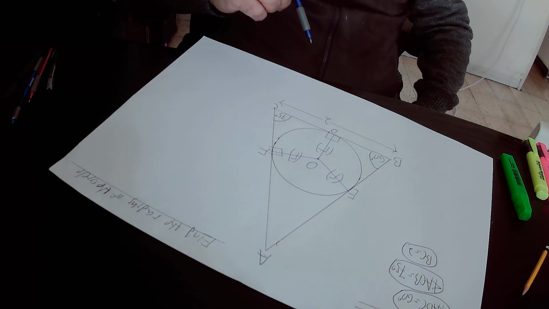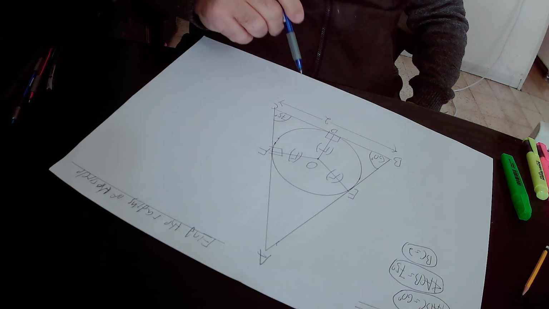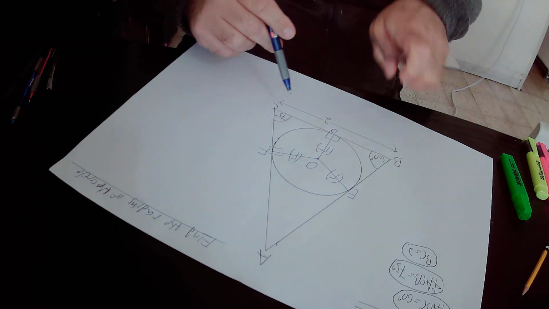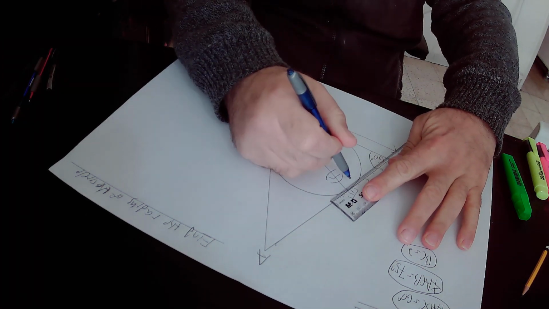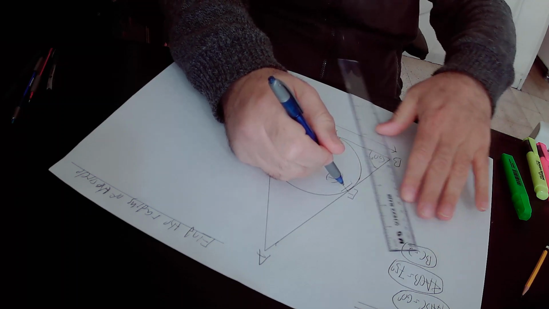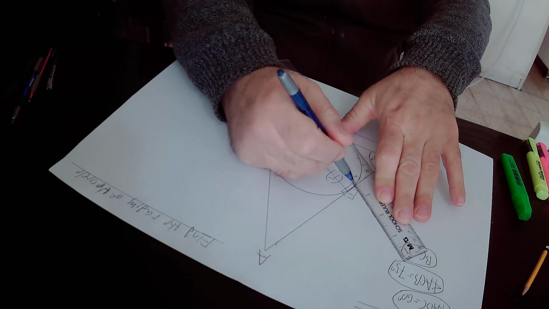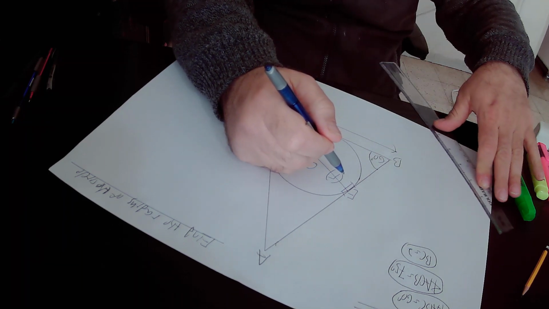And whenever we have a radius that is drawn to the point of tangency, then tangent AB will be perpendicular to the radius EO. That is to say, this angle will be equal to 90 degrees, and this angle also equals 90 degrees, according to the same rule, rule number 1.